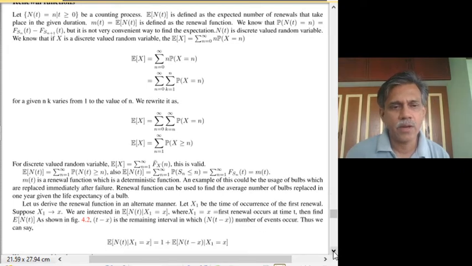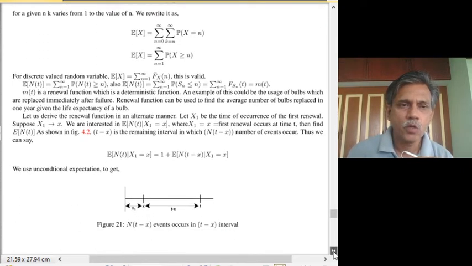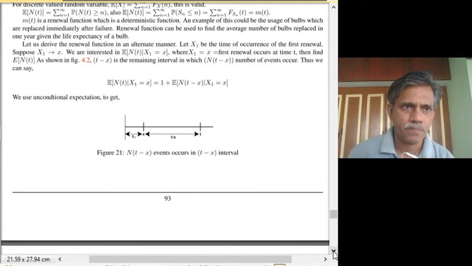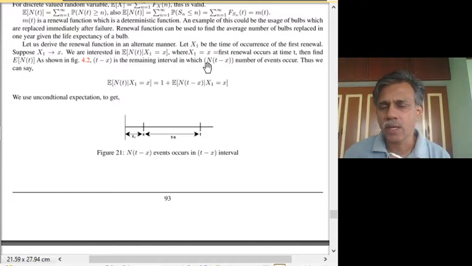Now let us try to derive the renewal function using an alternate formalism. We know that x1, x2, x3 denote the time for the occurrence of the first renewal; x2 is the time difference between the second and the first renewal; x3 between the third and the second renewal, and so on.